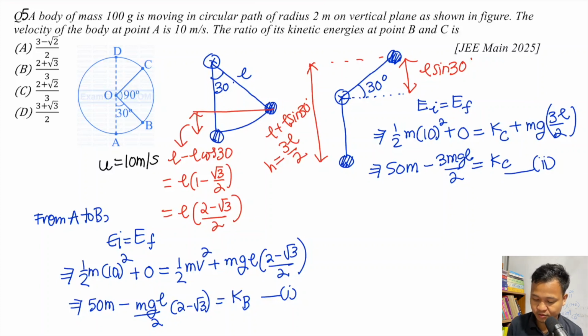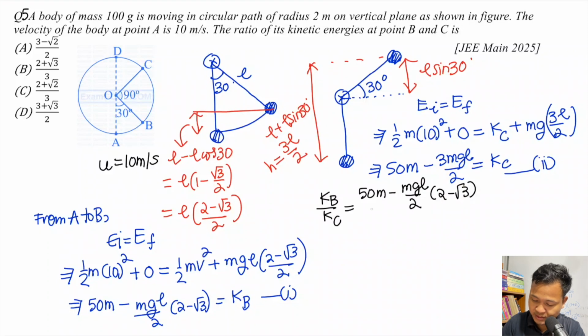Now the question asks for the ratio at B to C. So K B by K C: divide equation number 1 by equation number 2. So I will have 50m minus mgL by 2 into 2 minus root 3, divided by 50m minus 3mgL by 2.